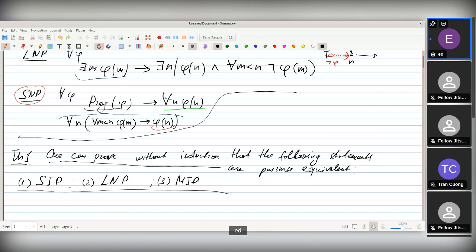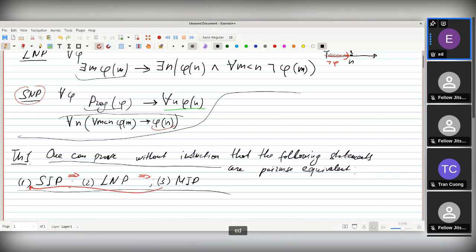How should I argue technically? I'll prove three implications. I'll prove that from the first principle you may obtain the second one. From the second one you may obtain the third one. And from the third one you may get the first one.